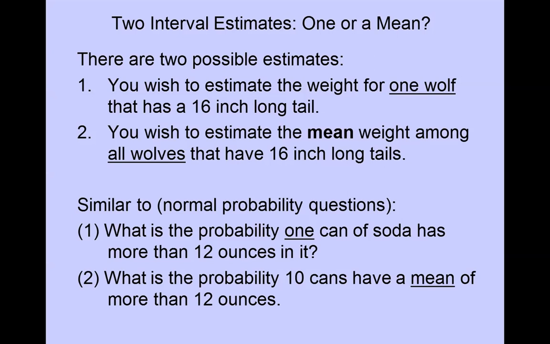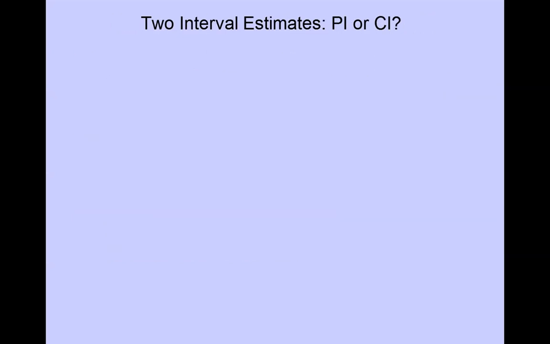This is similar to normal probability you worked before. For example, what's the probability one can of soda has more than 12 ounces in it versus what is the probability a random sample of 10 cans have a mean of more than 12 ounces. Two intervals, the PI or the CI.